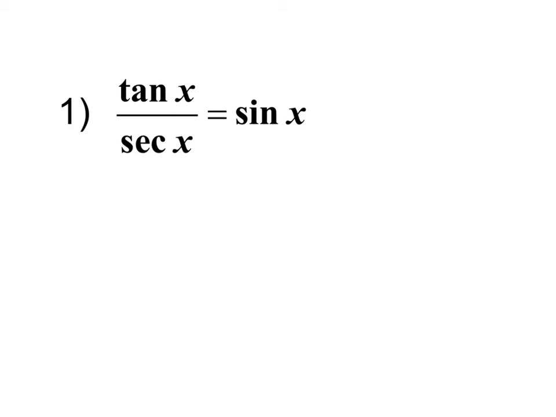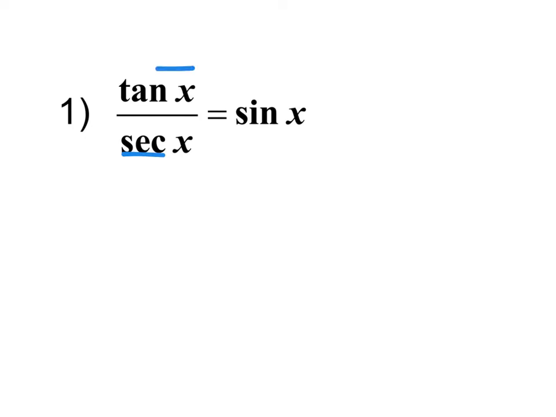Okay, so we're going to do a couple examples that we did not get to on Friday for verification. Here is the deal, guys. In general, you're trying to turn one side of the equation into the other. You are not going to do normal equation-solving tactics like multiplying both sides by secant. We're not trying to solve for x.